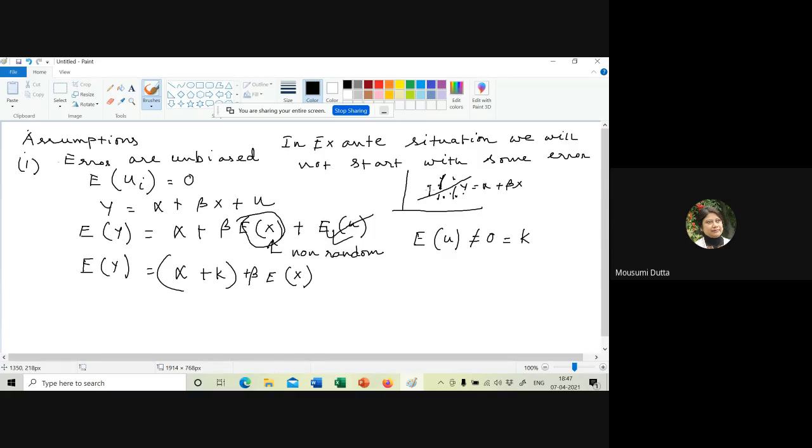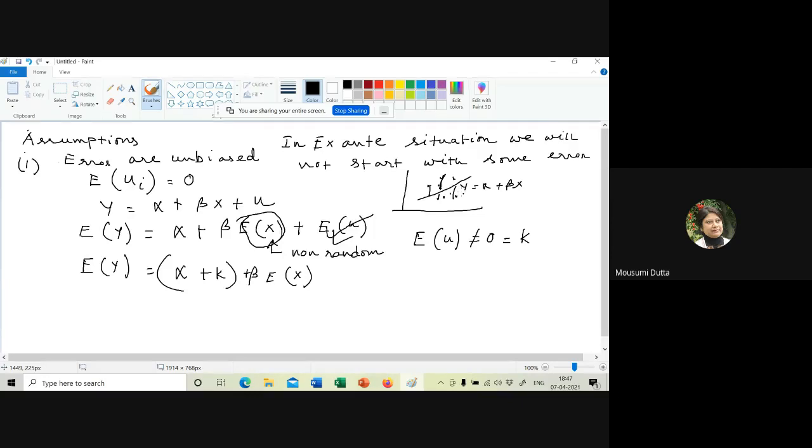If it is random, then you are telling your model that the number of positive discrepancies will be exactly equal to the number of negative discrepancies, and for that matter, finally, the mean or the expected value of the error term should be equal to 0.